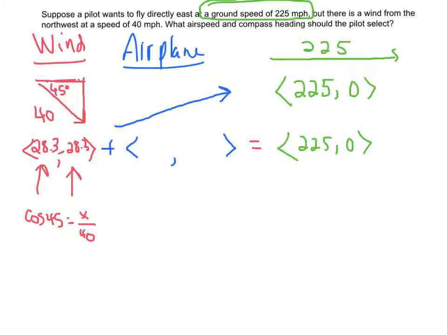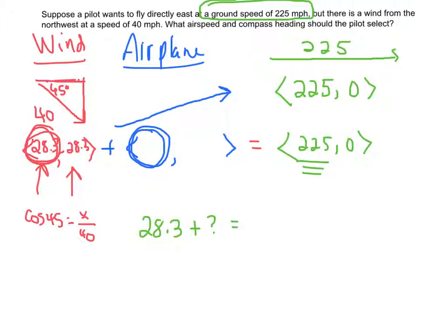So I know that if I take this 28.3 and add the x component of the airplane, I should get 225. So let's write out that equation: 28.3 plus something will give us 225. That's a fourth grade math problem.